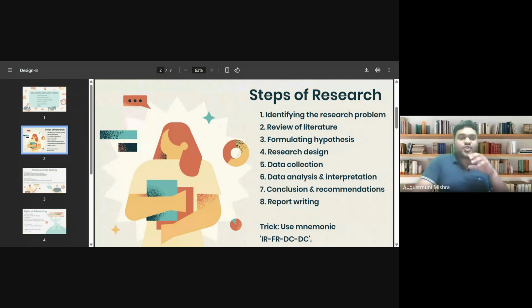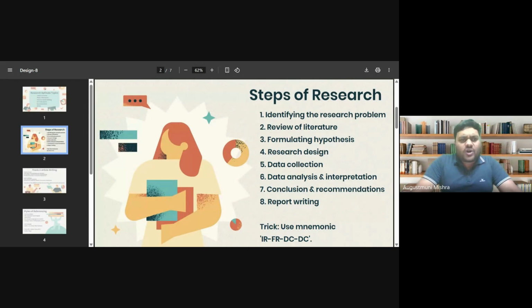Like I have chosen AI, then under that mass comm, then under that digital journalism. Similarly, in your subject, according to the need of your research, you can perform these three steps. After that, as I told you, you have to find the research gap, then prepare the research question, and in the fifth step, make your broad objectives.